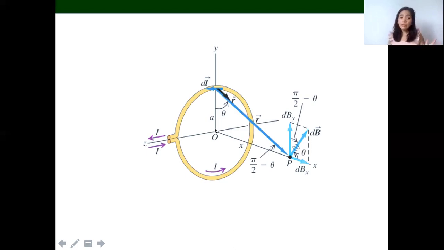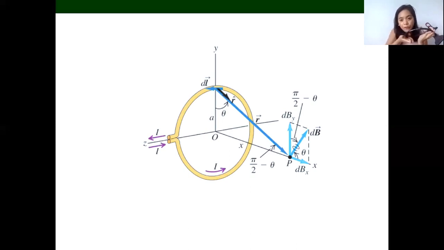Okay. Now, we first need to know what is the direction of the magnetic field. Imagine this is a circular loop. It's not a circle, but just imagine it's a circular loop. Now, I will use the right-hand rule. We always use the right-hand rule. It might look like I am using my left hand because of the video. It's a mirror image, but in reality, I'm using the right hand. Now, from the right-hand rule, this will be a current, and the curling one will be our magnetic field.